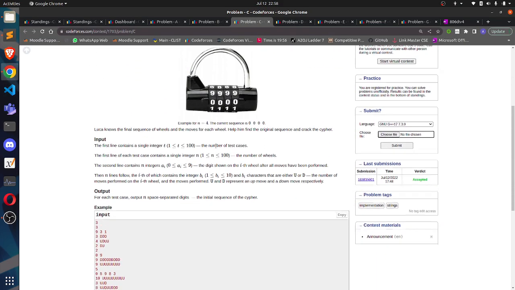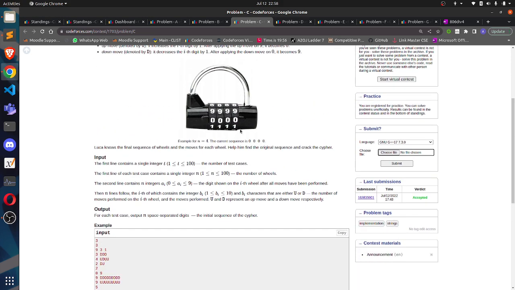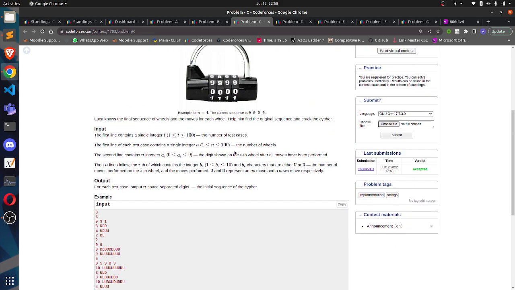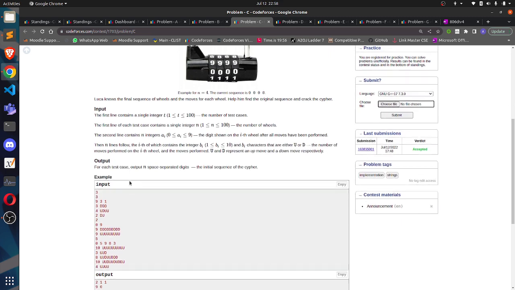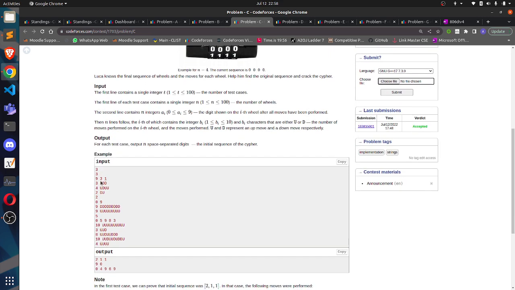In the third problem we have been given a lock consisting of n digits, and the values after making some changes are given to us as a_i.